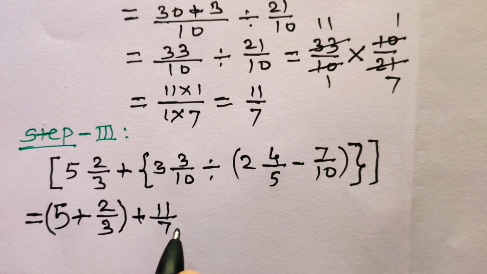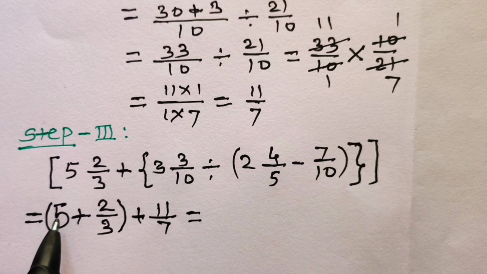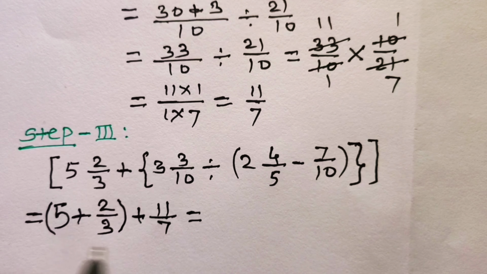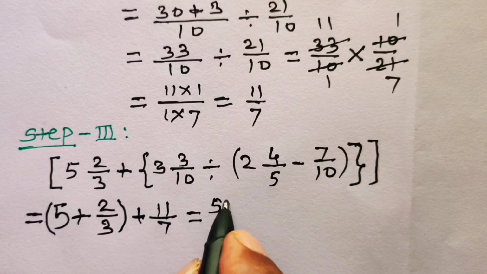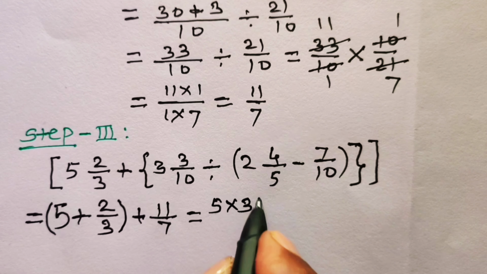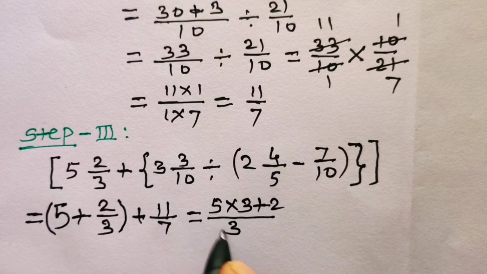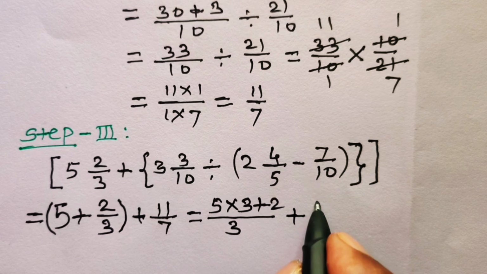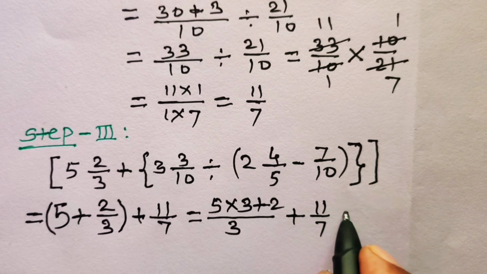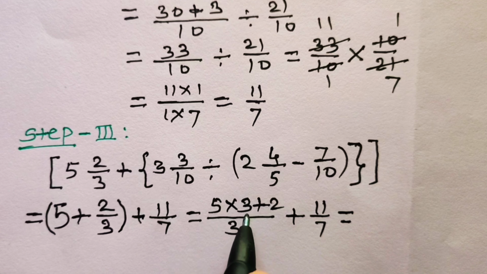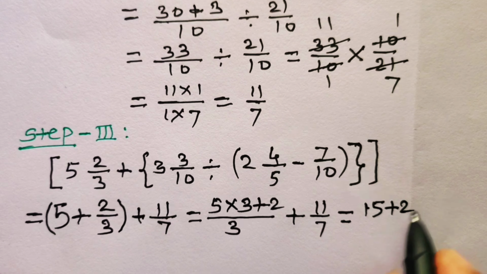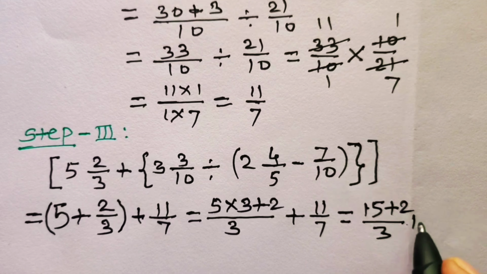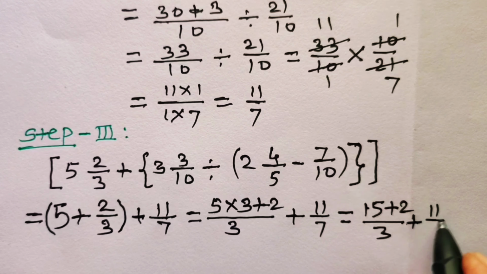So this is equal to, now 5 plus 2 over 3 is nothing but 5 into 3 plus 2 over 3. Hence we can write 5 into 3 plus 2 over 3 plus 11 over 7. This is equal to 5 into 3, 15, plus 2 over 3 plus 11 over 7.